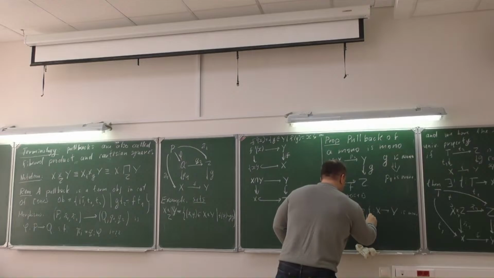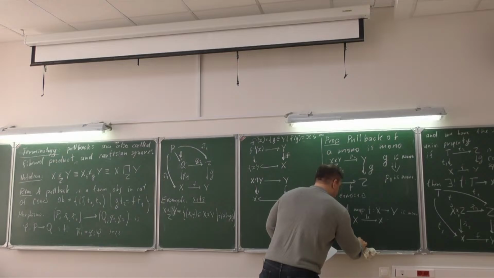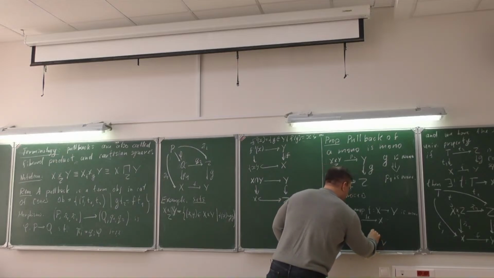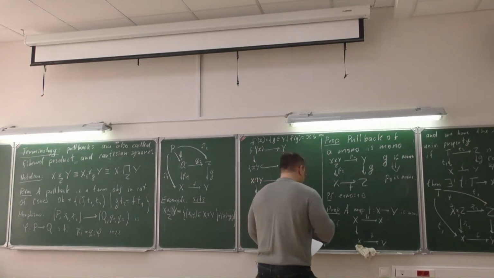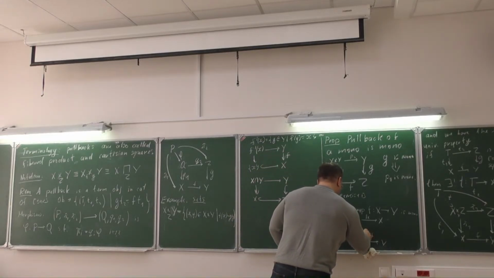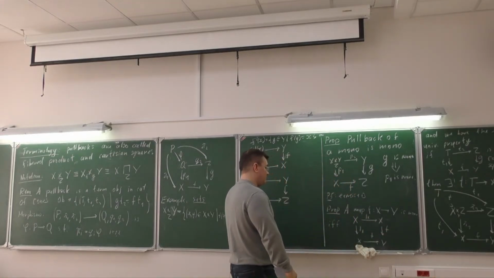So on the top I have the identity mapping X to X. On the bottom I have f mapping X to Y. And then the left vertical arrow is the identity on X and the right vertical arrow is f. So f is mono if and only if the square is a pullback.